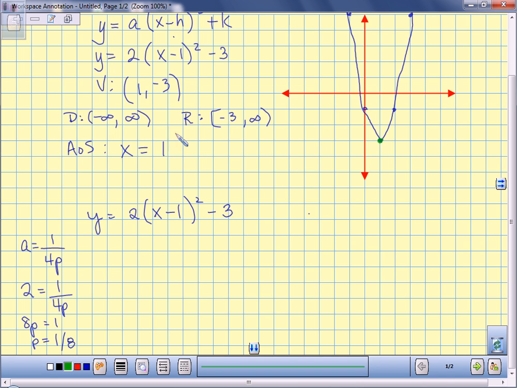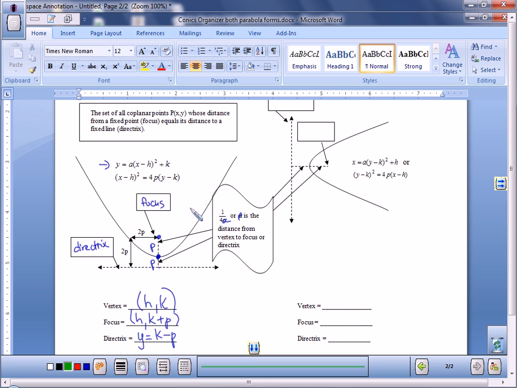All right, and if we noticed, if we go up P, we would go over 2P in either direction. Do you see that? Up P, we would go over 2P in either direction to get a point on our parabola.